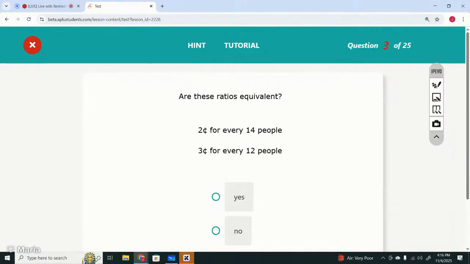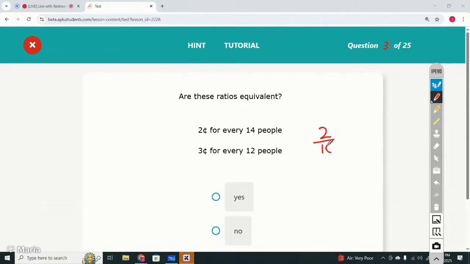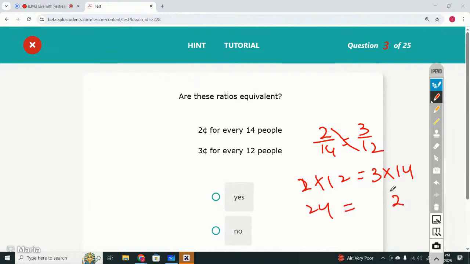Are these ratios equivalent? 2 cents for every 14 people and 3 cents for 12 people. That is 2 by 14 and 3 by 12. So you have to do 2 times 12 and 3 times 14. 2 times 12 is 24, and 3 times 14 is 42.